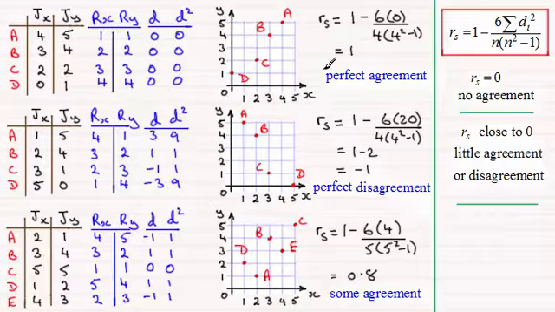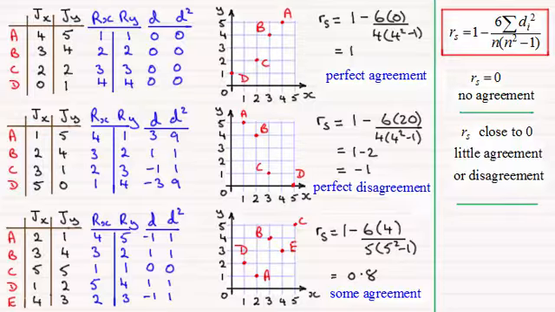You get 1 when you go from left to right and you're always going up to the next value, never back down again. You get -1 when you're going from left to right and you're always going down to the next point. Notice how in this one, as we move left to right from point to point, we go down and then we go up and then we go down and then we go up again here.